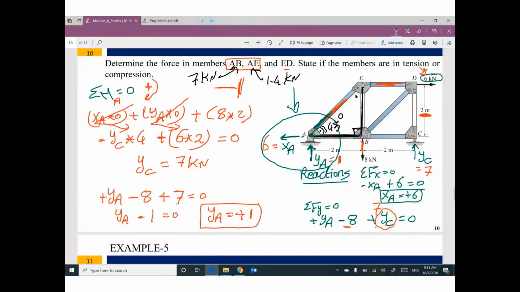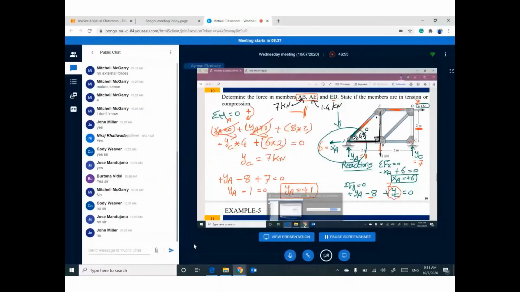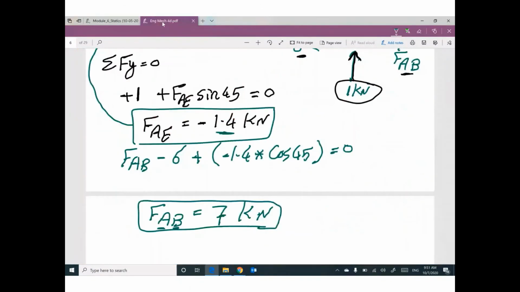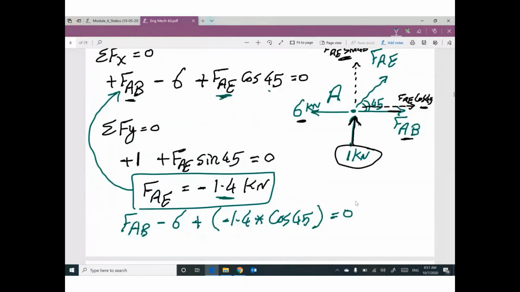Any question so far? Second question. Do you think AB or AE is tension or compression? What do you think? I assumed AB in this direction, which is tension.